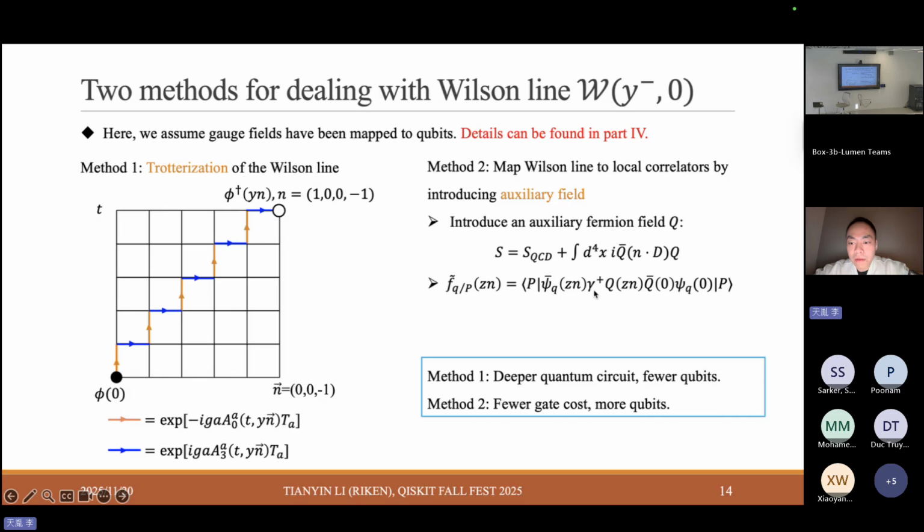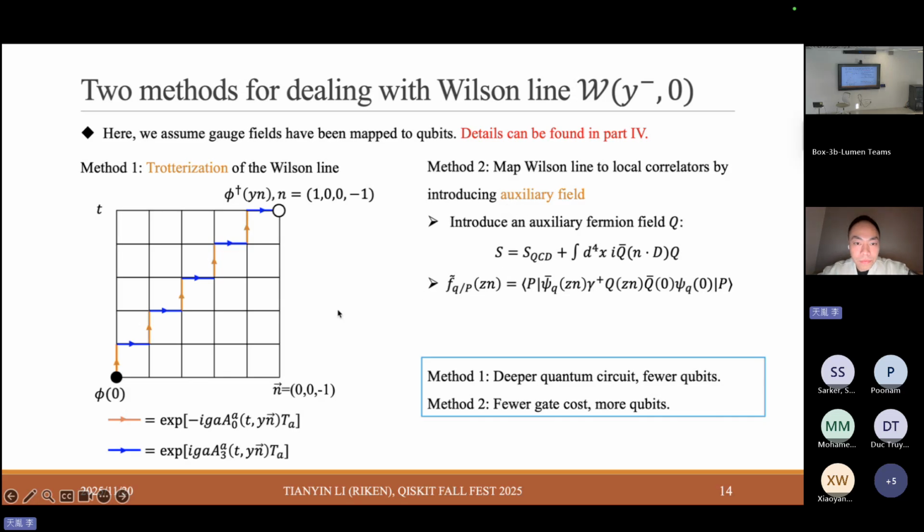Now we find that the non-local Wilson line has disappeared. We only need to simulate this 2-point function. So in this method, the gate cost will be less, but we need more qubits to encode the auxiliary field.